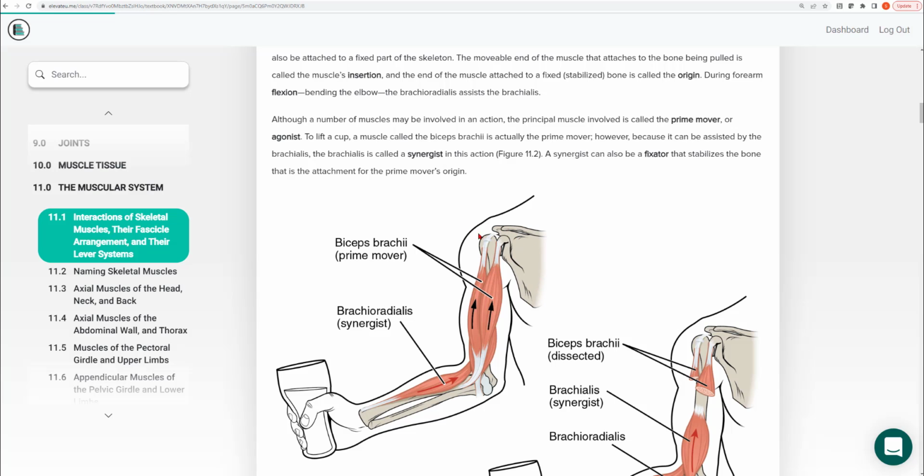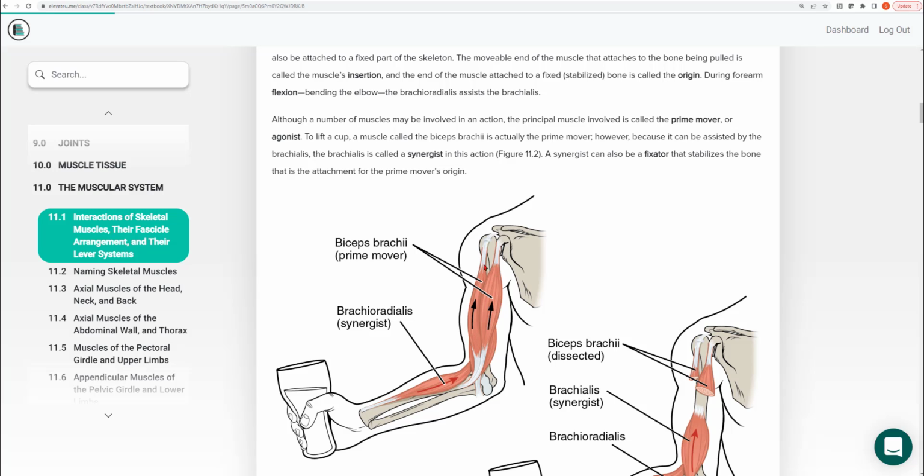So where muscles attach, where the tendon attaches, we're looking here at the biceps brachii and the brachioradialis. These are two muscles that are important in flexion of the elbow. So as you flex your biceps brachii, biceps, two heads, right? Bi means two, ceps means head. Brachii is the region where this muscle is found.